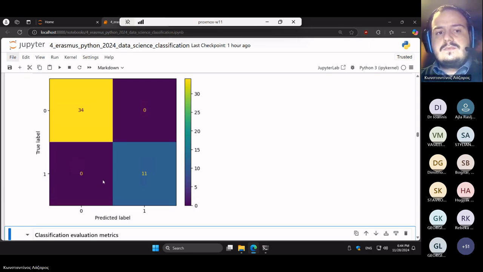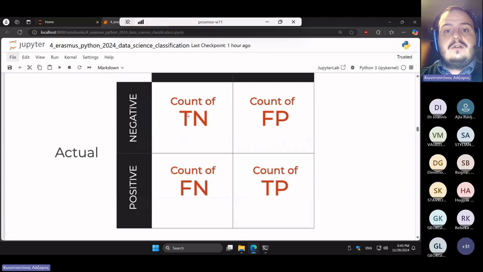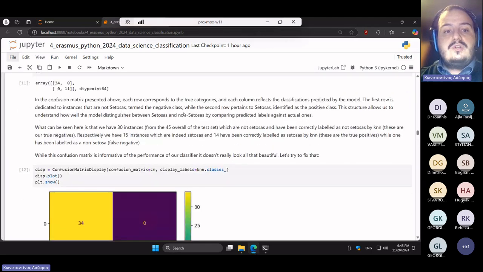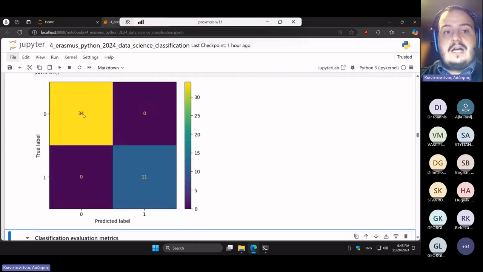In other words, this number shows us the instances where the algorithm predicted that something does not belong to the category that we're looking into and that it truly does not belong to that. So this would be a true negative, because these are truly not Setosa flowers.